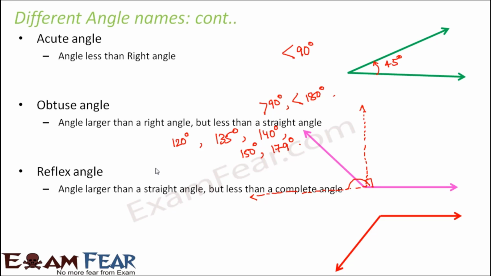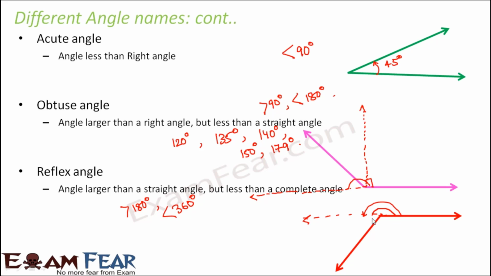And finally, the third one is the reflex angle. This angle is greater than a straight angle, that means greater than 180 degree, but less than a complete angle, that is 360 degree. So anything between 180 and 360. If this is the base arm of the angle, then this total angle would be 180 degree.